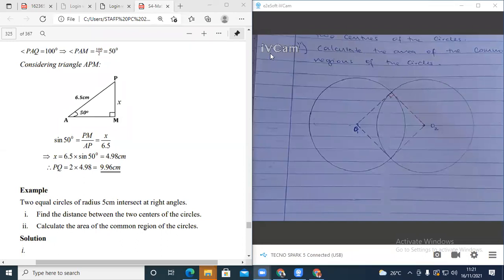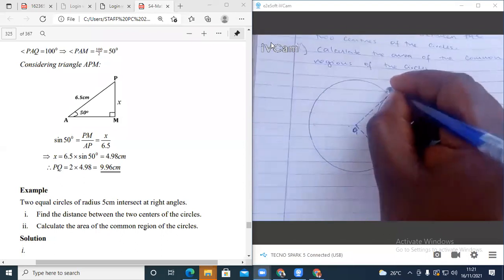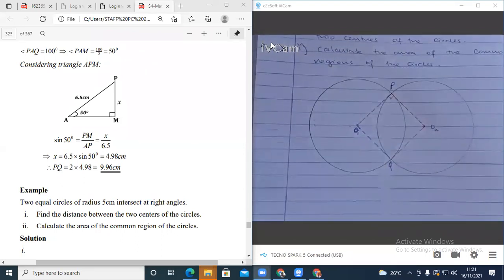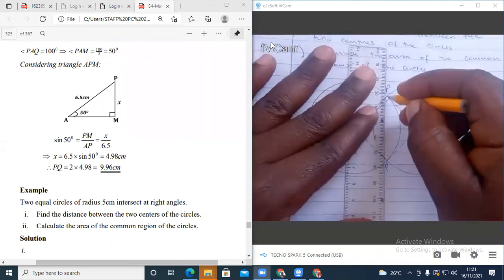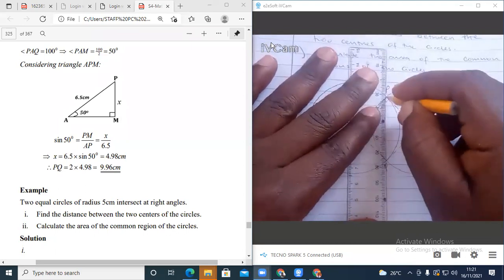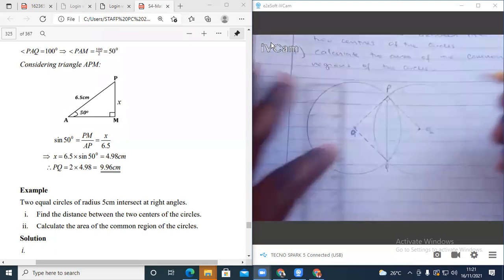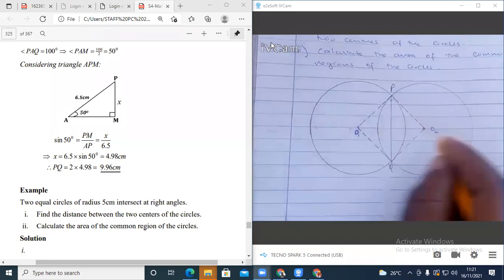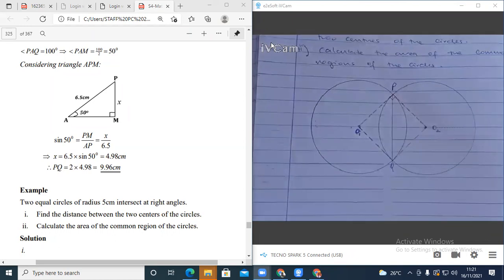Let's say this is P and this is Q. So they have a common chord PQ, and I'll draw it using my pencil from here up to there. That is PQ. That's the common chord. But they don't want PQ, they want the distance from O1 to O2, because they're saying find the distance between the two centers.